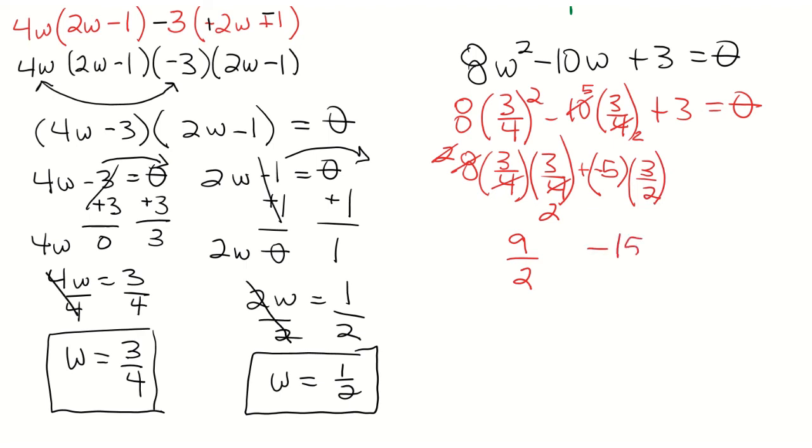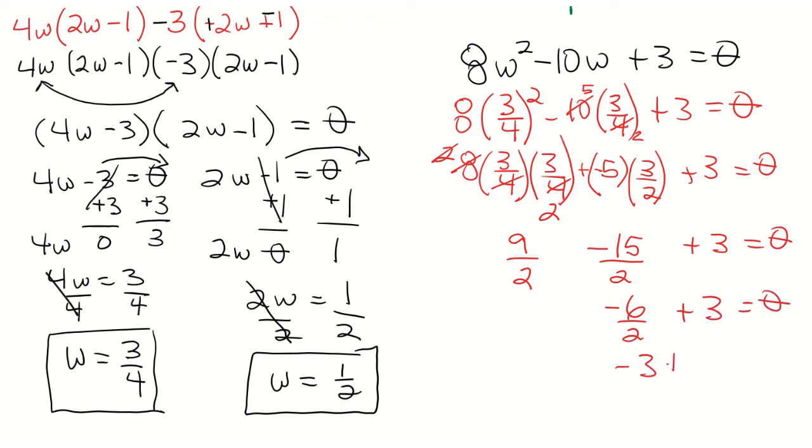Minus 5 times 3 is going to give me 15 over 2. And then I still have plus 3. 9 halves minus 15 halves is going to be a negative 6 halves plus 3. And that can simplify to minus 3 plus 3 equals 0, which is 0 equals 0.